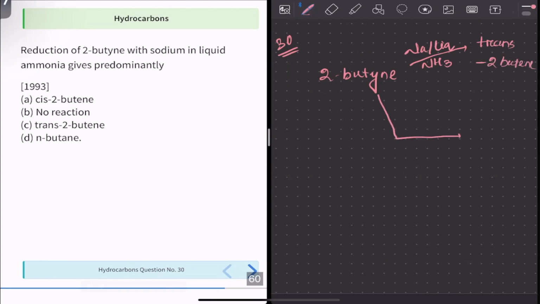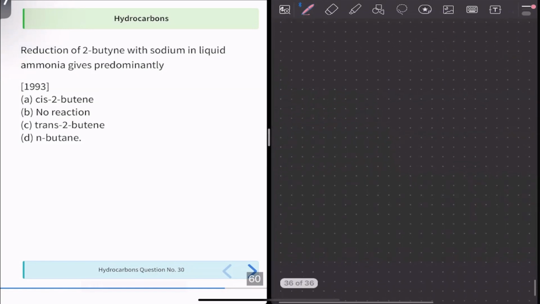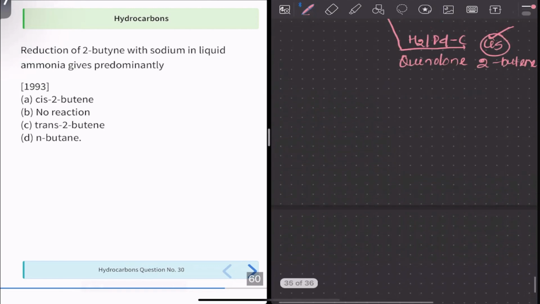But when it reacts with hydrogen in palladium carbon in presence of which poison? Catalytic poison quinoline to give cis 2-butene. Got it? Cis product and trans product. So here option C will be the correct answer.